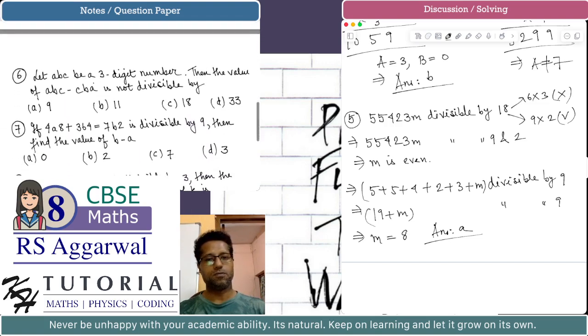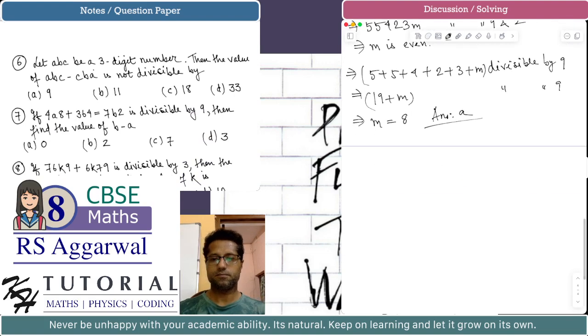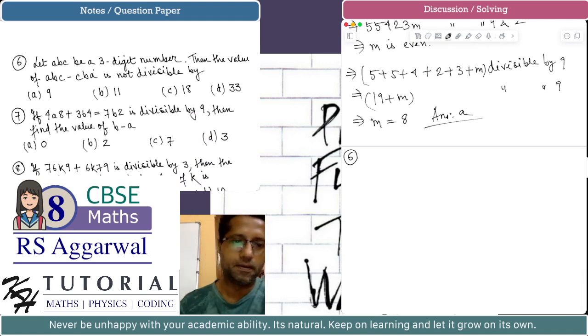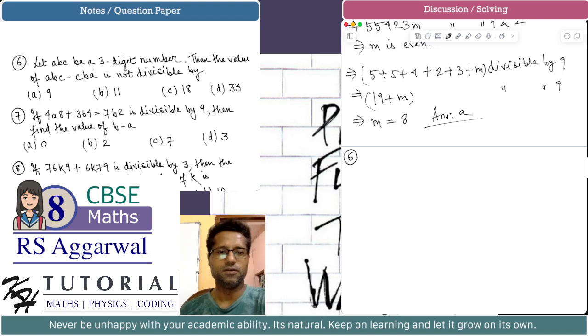Okay, let's do problem number 6. Let ABC be a 3-digit number, then the value of ABC minus CBA is not divisible by. So ABC is a number, and we have to find the value of ABC minus CBA.